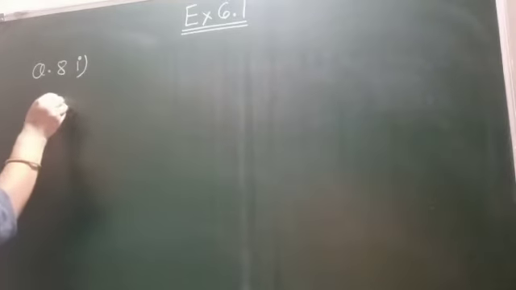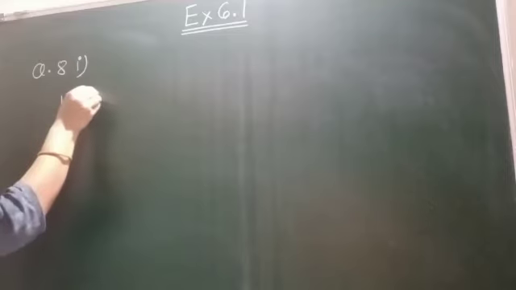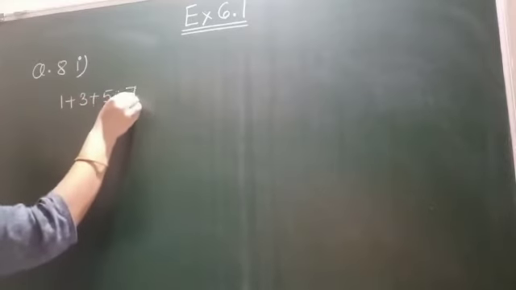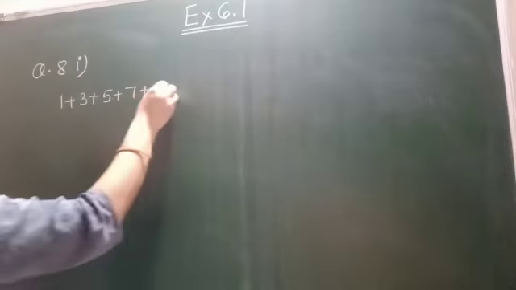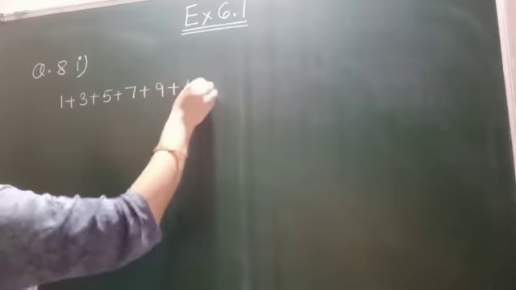Question number 8 is express, first part, express 49 as the sum of 7 odd numbers. As we saw in question number 7 also, student, the same process you have to apply here. So start adding 1 plus 3 plus 5 plus 7 plus 9. 1 2 3 4 5. 2 more we have to take. 11 plus 13.